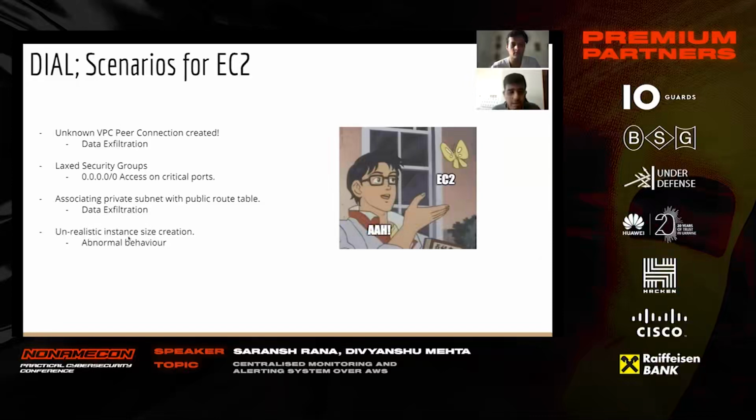You want to be alerted about that, and hence we have an alerting mechanism which will alert you for any instance created in your organization. You can also tune it in case you want a threshold, like say if the person creates an instance size greater than this, you alert me. This behavior is possible as well. This is highly configurable. It is all up to you on how you want to take advantage of it.